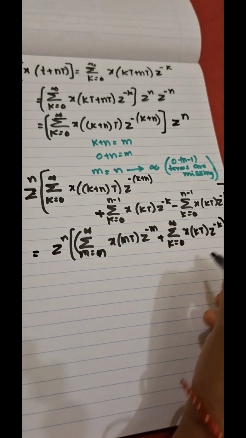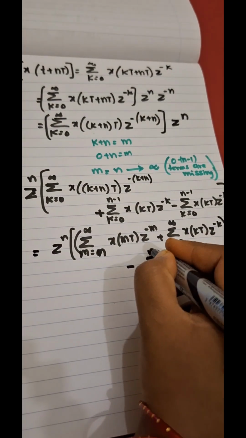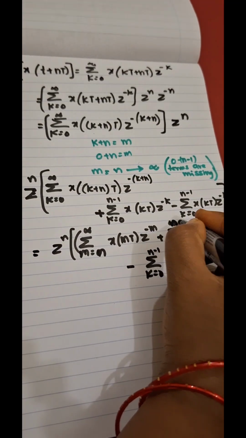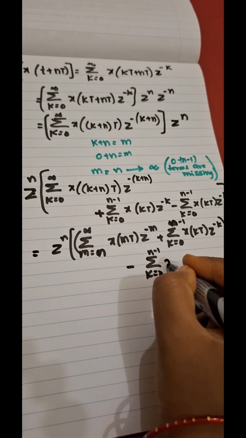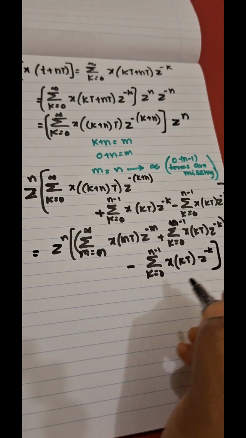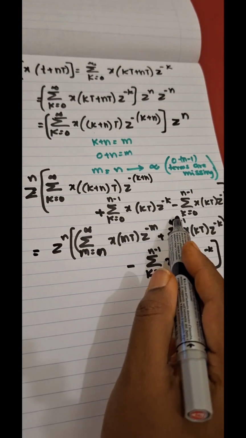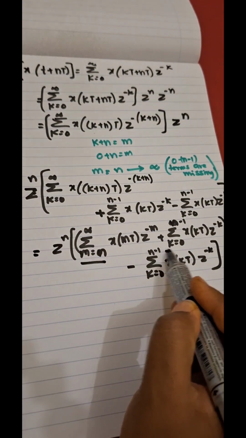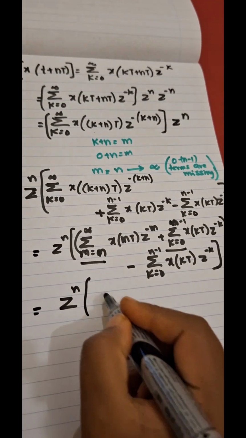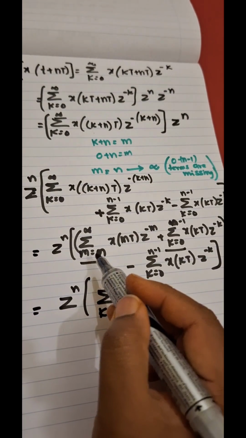So I am taking these two minus sigma k is equal to 0 to n minus 1. This is also 0 to n minus 1, sorry, n minus 1 x of kT z power minus k. N to infinity, 0 to n minus 1. So this one and this one, both I am writing them as sigma k is equal to 0 to infinity.